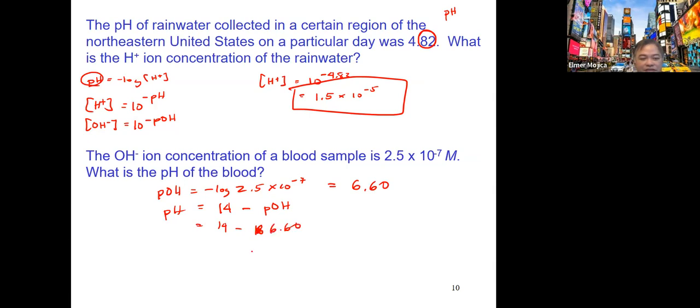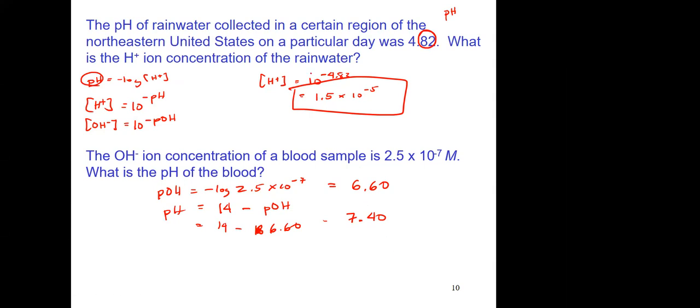What do you get? 7.40. Tama ba? Tama? Yes po. These are the easy one and the sure one, okay?